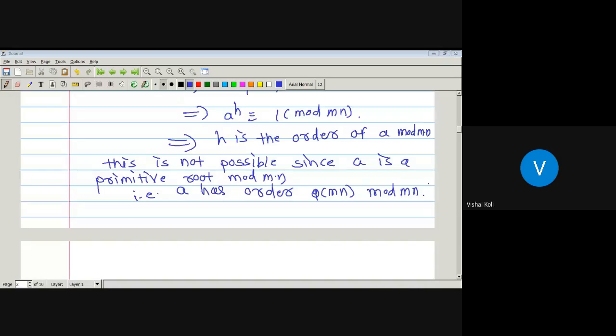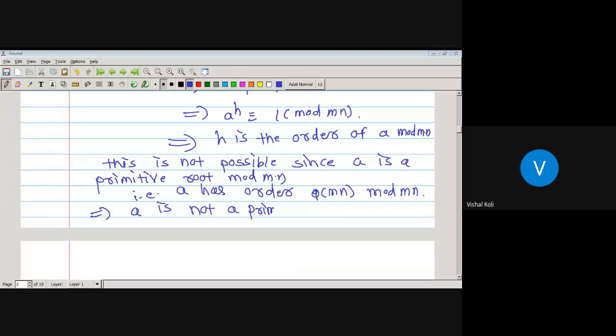And as we have proved, the integer mn has no primitive root, which implies a is not a primitive root modulo mn, and hence from this we conclude that there exists no primitive root modulo mn.